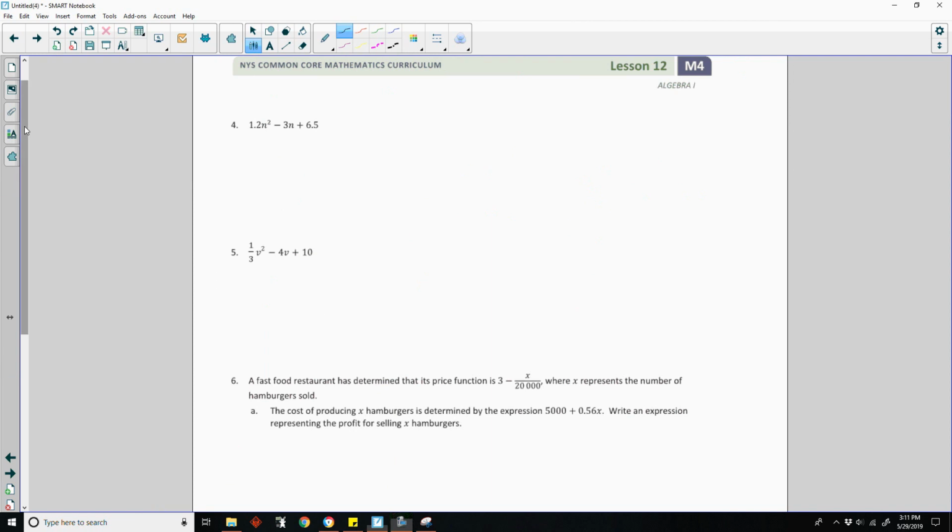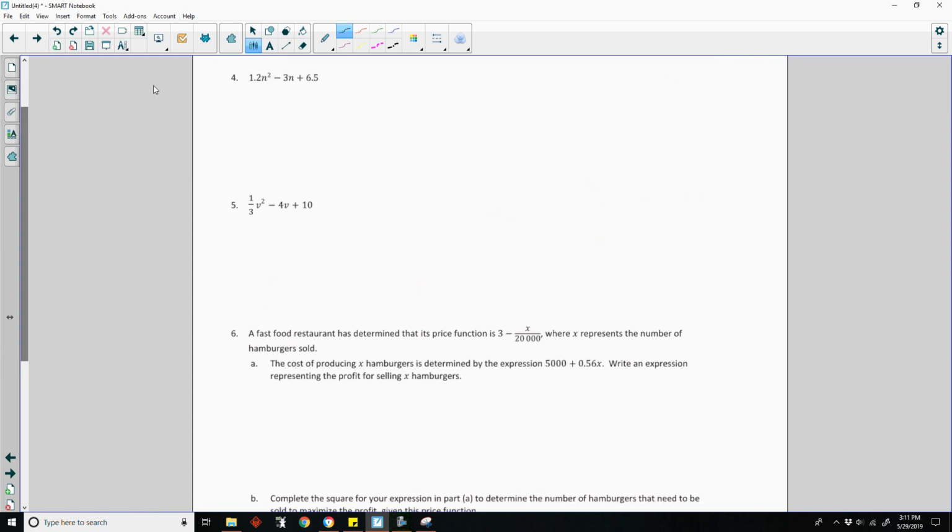Okay, page 4, exercise 4. First thing we're going to do is take the a term out, parentheses, n squared minus. So what we have to do here is figure out what we're going to get when we take 3 divided by 1.2.